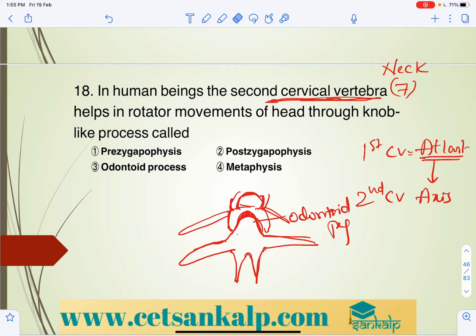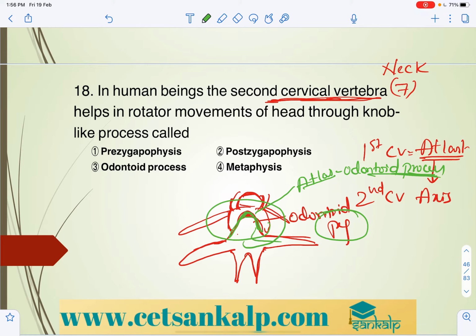So these are the upper facets. The very important thing here is that this peg is called the odontoid peg, and there is a process in the atlas, the first cervical vertebra, which is the odontoid process. Because of that process attaching with the peg, they go into rotatory movement, either clockwise or anti-clockwise.